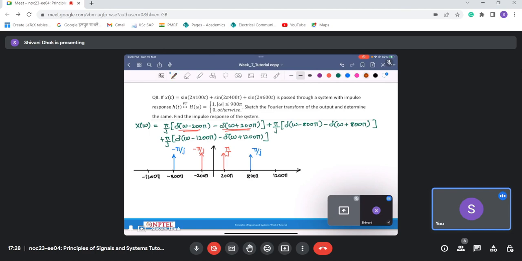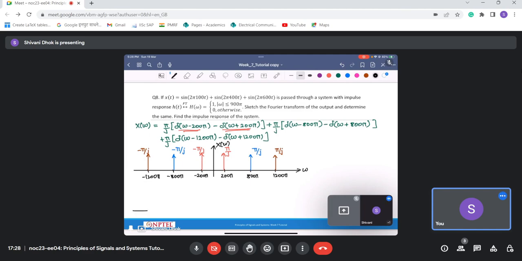Then we have an impulse at 1200π with π/j, and at −1200π with −π/j. This is ω, and this is simply X(ω). This is what we are having right now.